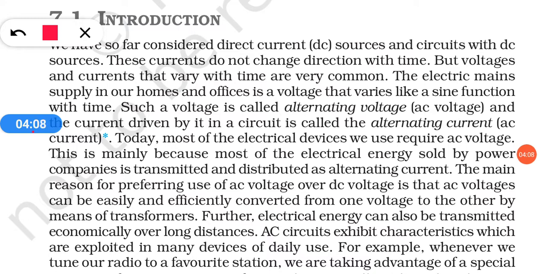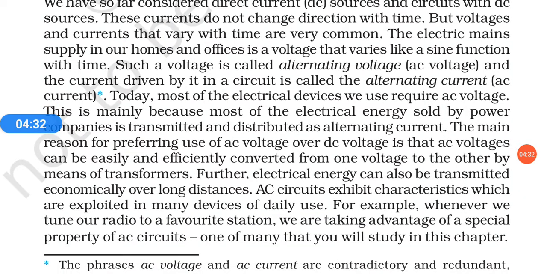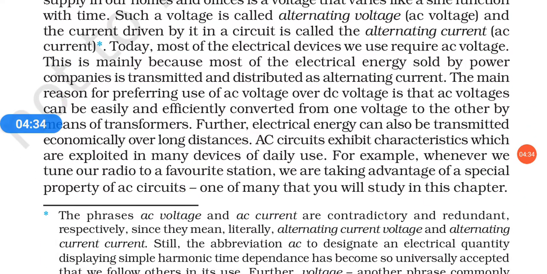Further, electric energy can also be transmitted economically over long distances. AC circuits exhibit characteristics which are exploited in many devices of daily use. For example, whenever we tune our radio to a favorite station, we are taking advantage of a special property of AC circuits, which you will study in this chapter.